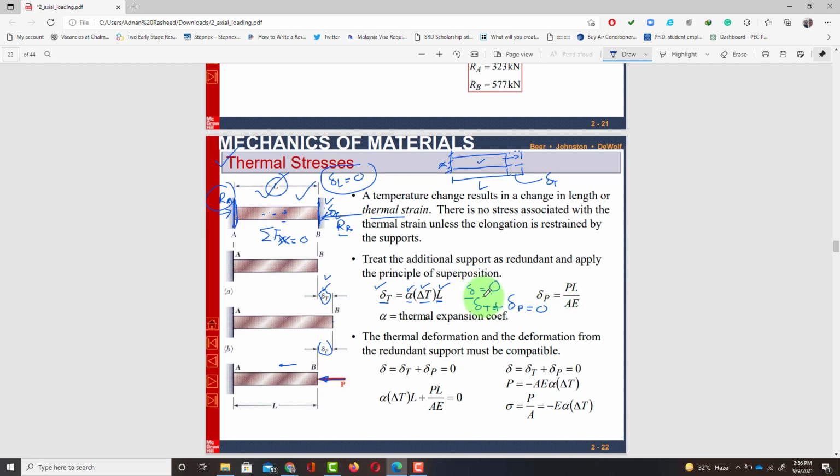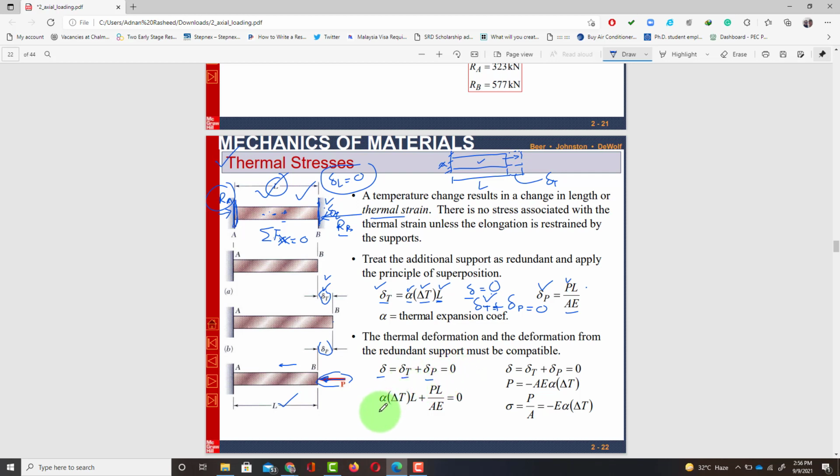You have the value sigma t, which is given over here, and due to these reaction forces the deflection can be found by using PL over AE. Now P is this reaction force, L is total length, A is the area, E is the modulus of elasticity. So again we will use the same equation. Total deflection is equal to 0, so delta T plus delta P is equal to 0.